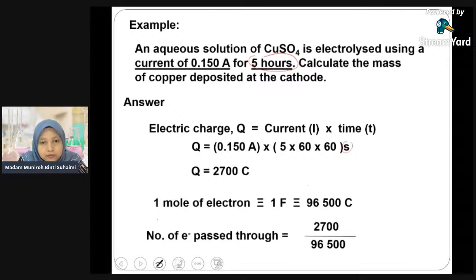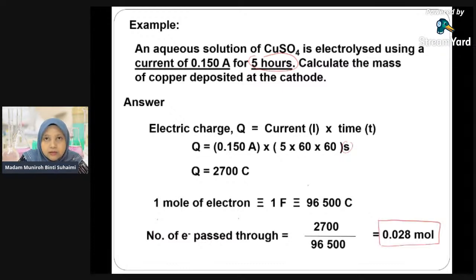Copper. As we know, 1 mole of electron equals to 1 Faraday equals to 96500 coulomb. Number of electron passed through, we divide Q divided by Faraday. So we will get the number of moles from calculation is 0.028 mole.